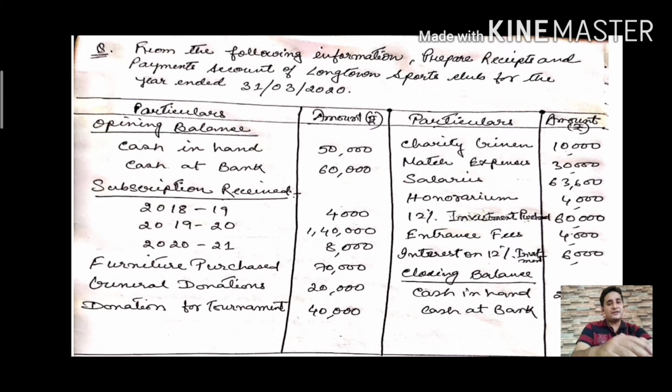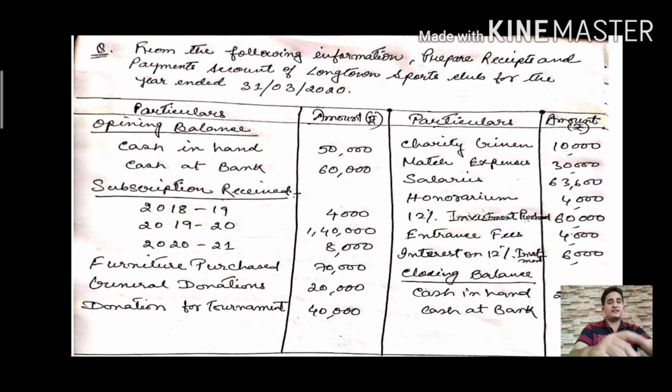So you have to remember that while preparing the receipts and payments account, you have to record all the subscription amounts, maybe previous year, this year, or next year, as all of these subscriptions are received in the present year. That's why you record all of them.